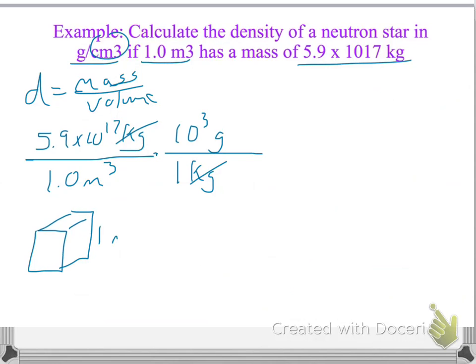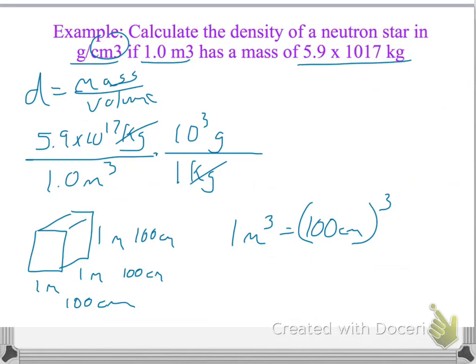If we've got a box that's 1 meter by 1 meter by 1 meter, it's also 100 centimeters by 100 centimeters by 100 centimeters. And so we could say that 1 meter cubed is equal to 10 to the 6th cubic centimeters.